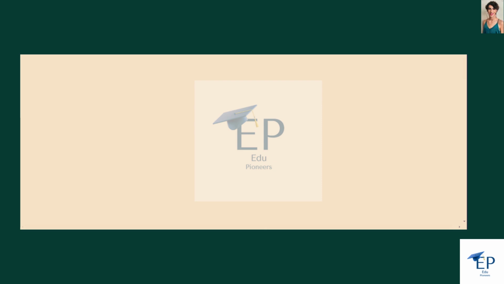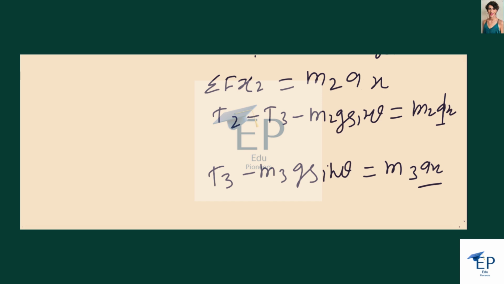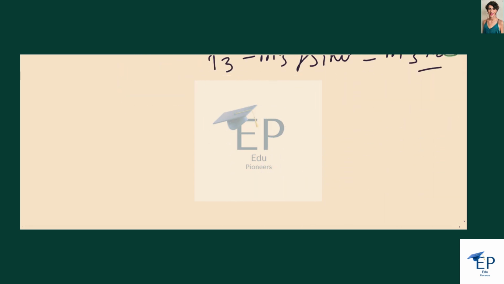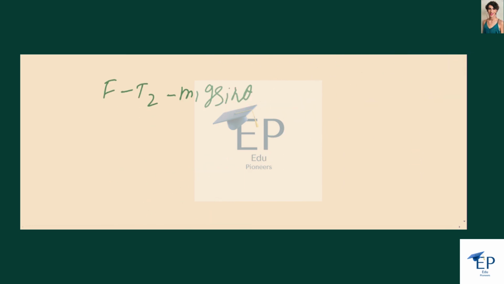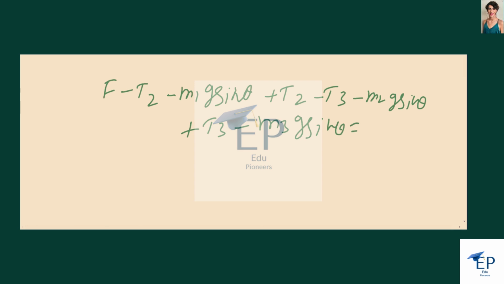So now when we add all these three equations, the third equation, the second equation, and the first equation, this basically comes out to be F minus T2 minus M1 g sin theta, plus T2 minus T3 minus M2 g sin theta, plus T3 minus M3 g sin theta, which is equal to AX into sigma M, which is M1 plus M2 plus M3.